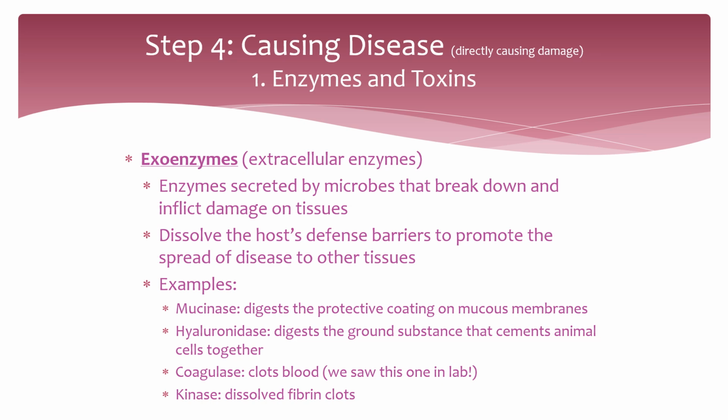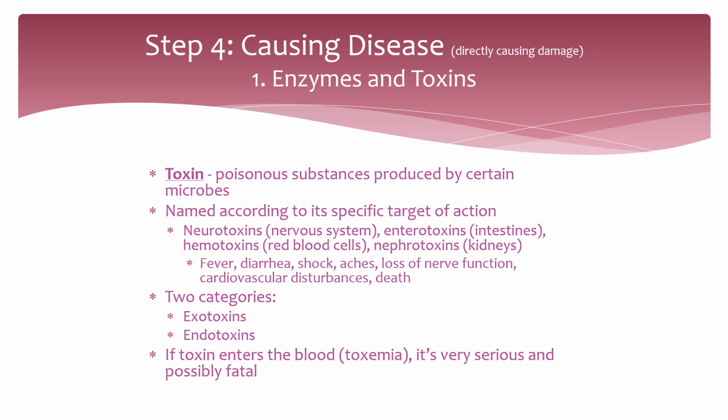So exoenzymes. Toxins are going to be another direct damage-causing item from microbes, and it's all very dependent on location. In fact, we name these by the specific targeted action of where the toxin is occurring.